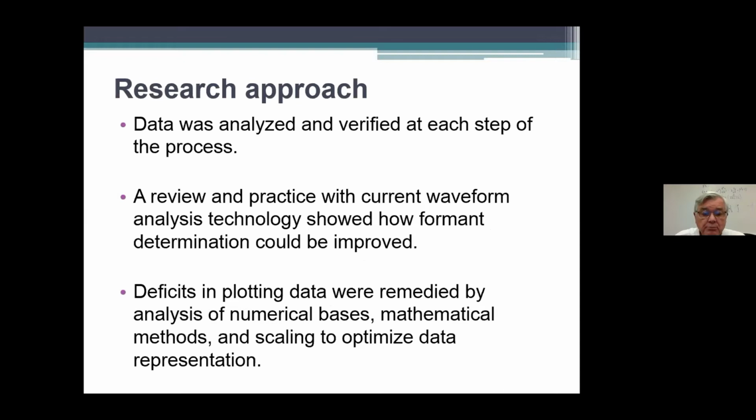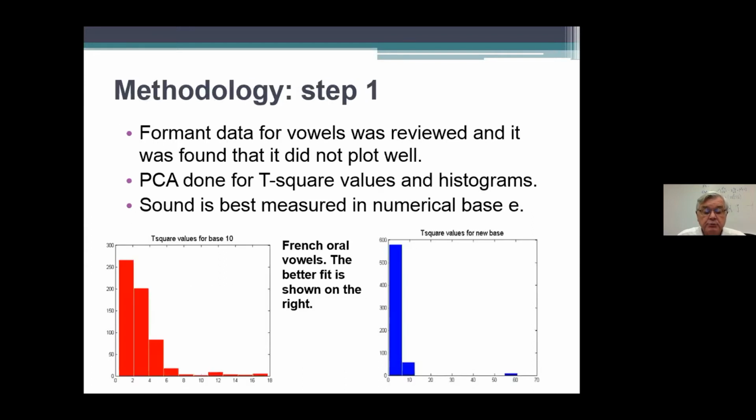A review and practice with current waveform analysis technology showed how formant determination could be improved. Deficits in plotting data were remedied by analysis of numerical bases, mathematical methods, and scaling to optimize data. In essence, we redesigned and we used a physics approach with some friends from the math department. We used a physics approach to describe a physical phenomena.